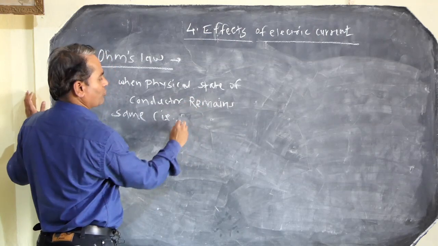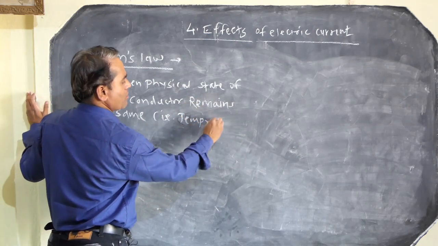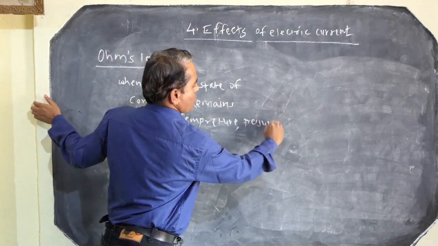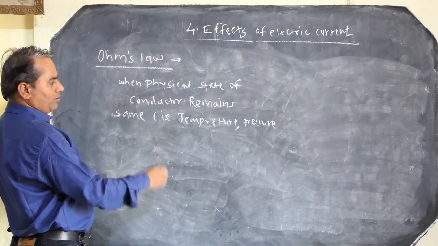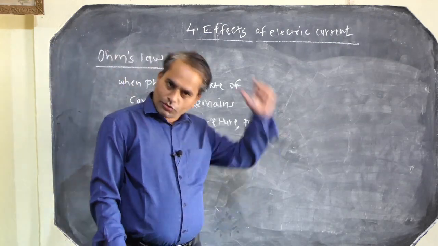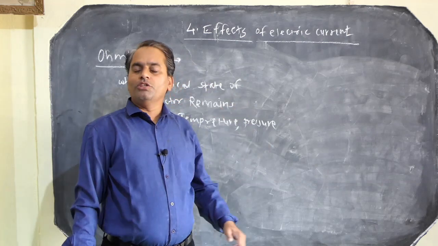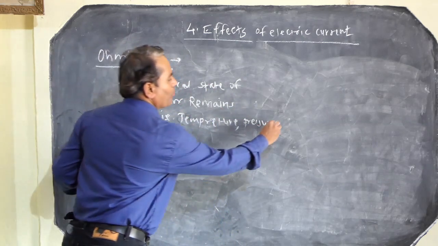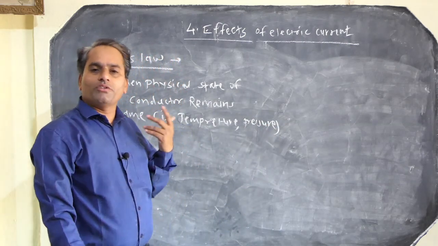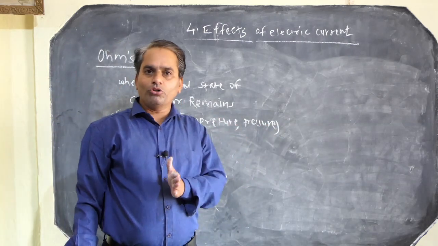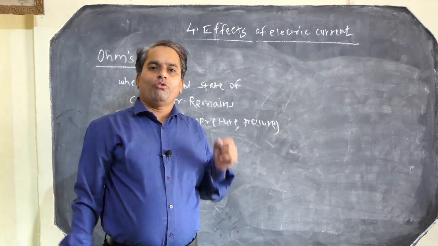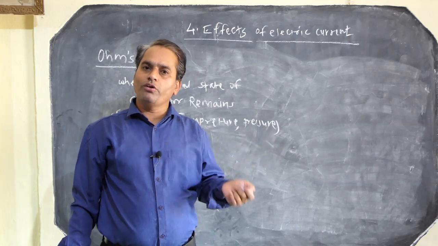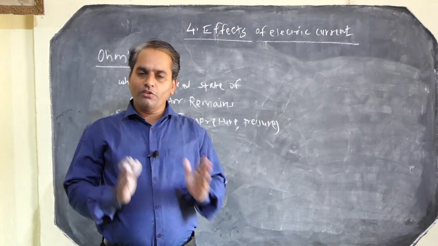Physical state corresponds to temperature, pressure or volume. These physical conditions remain constant, so pressure does not change and temperature does not change. Practically it is impossible, because every second the temperature rises by 0.1 degree, 0.2 degree or 1 degree. It is practically not possible.